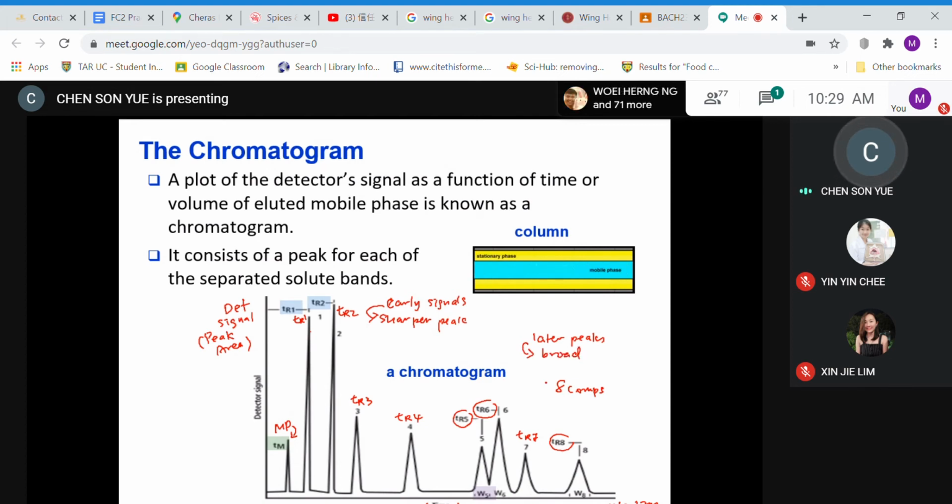You notice the peak is quite broad for those that come out at the back, and sharper in front. We'll discuss this later in the band broadening, peak broadening section. Just notice the early peak is sharper with thinner baseline width. Those at the back, you can see the baseline width is larger. Just notice all this, then enough.